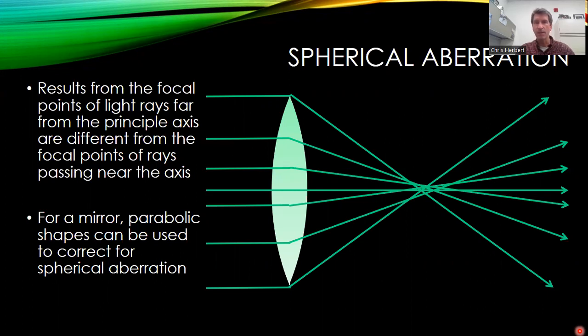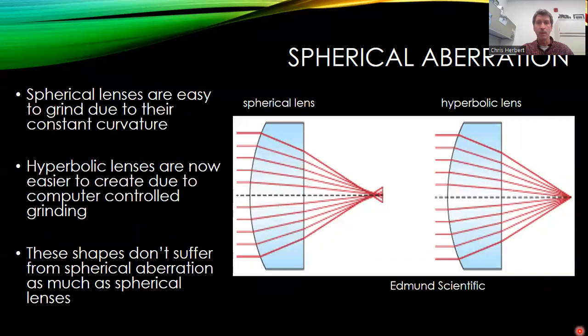So the outer edges actually have a stronger focusing power and therefore a shorter focal length. And this results, of course, in an image which is blurry because there's not one place that the light will focus to a crisp image.